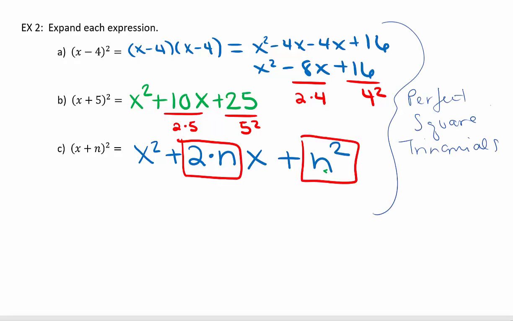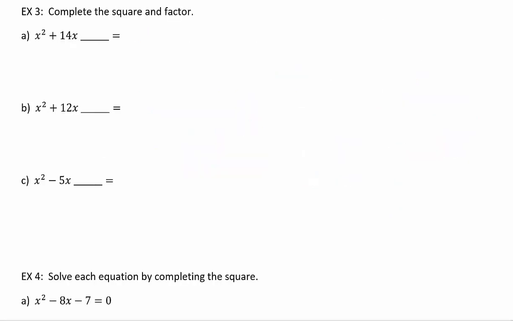So we're going to use this pattern to create what we're going to call perfect square trinomials. So again, notice the middle term is 2 times the number, and the last term is the number squared. This process of creating a perfect square trinomial is called completing the square. So I'm giving you the first 2 terms, x squared plus 14x, and we want to figure out what number would turn this into a perfect square trinomial, something that can be factored as something squared.